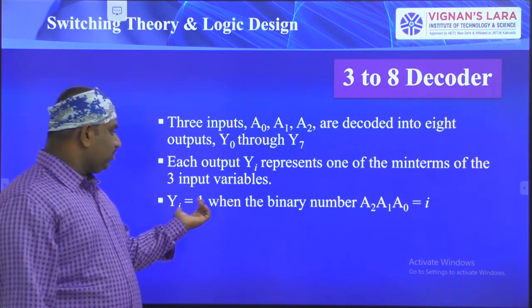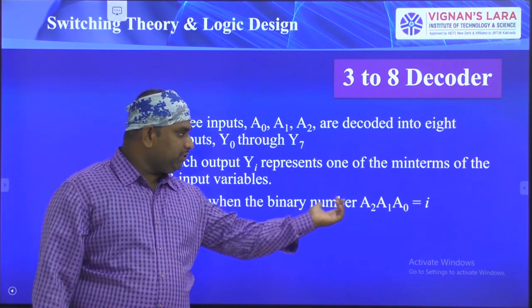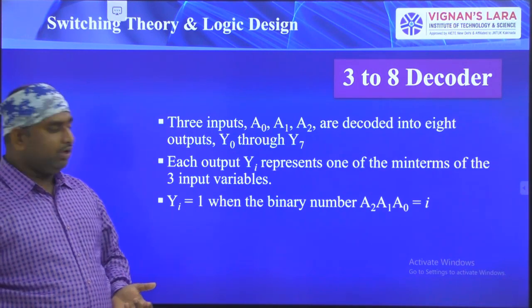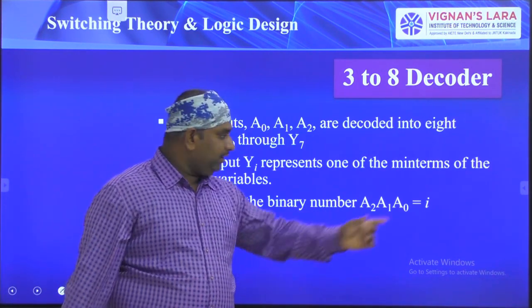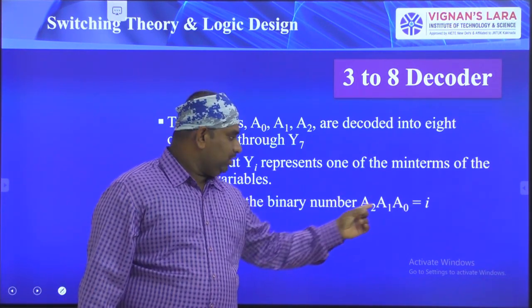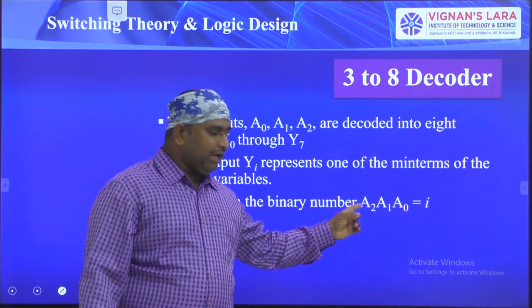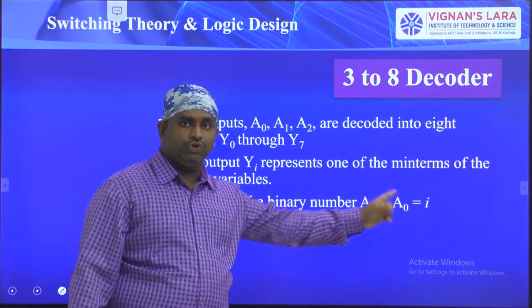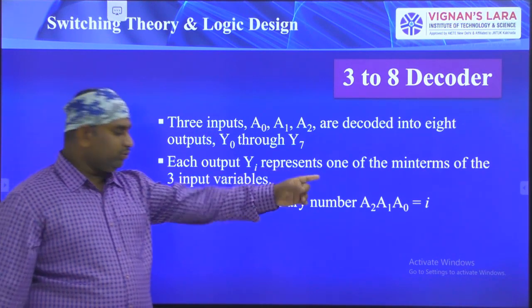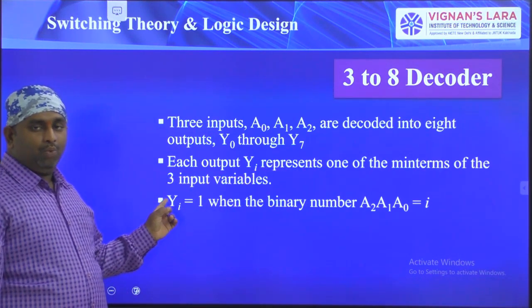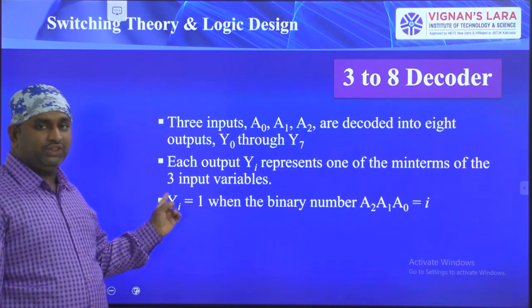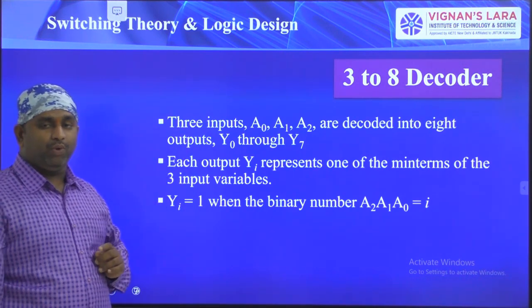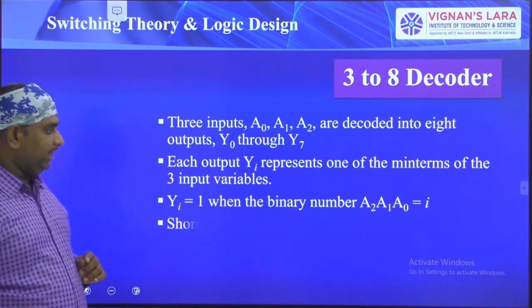Yi is equal to 1 when the binary number A2 A1 A0 equals i. If you take M3, then i is equal to 3, so A2, A1, A0 values are 0, 1, 1, and the Y3 terminal goes to 1.